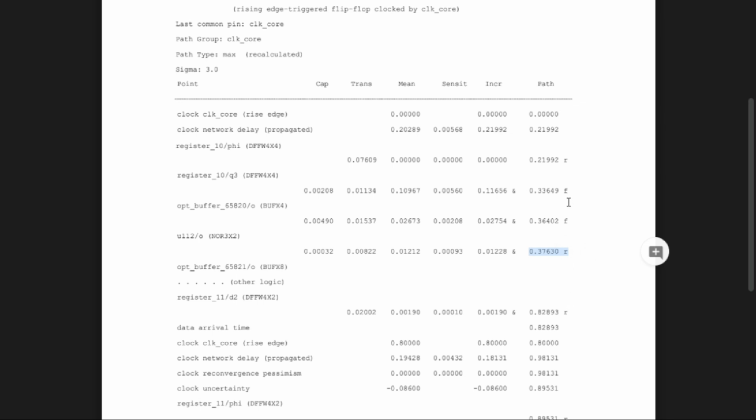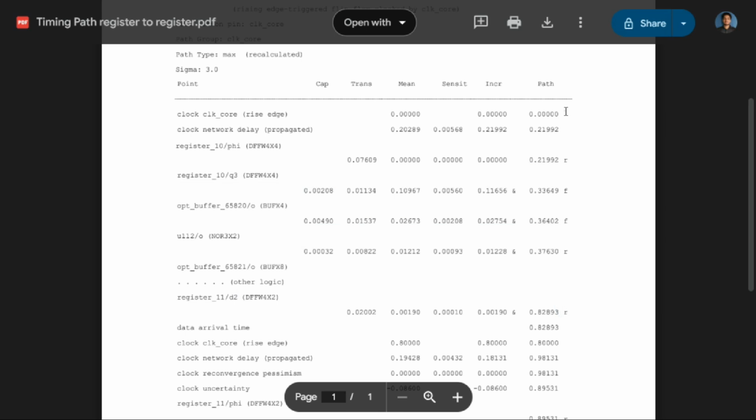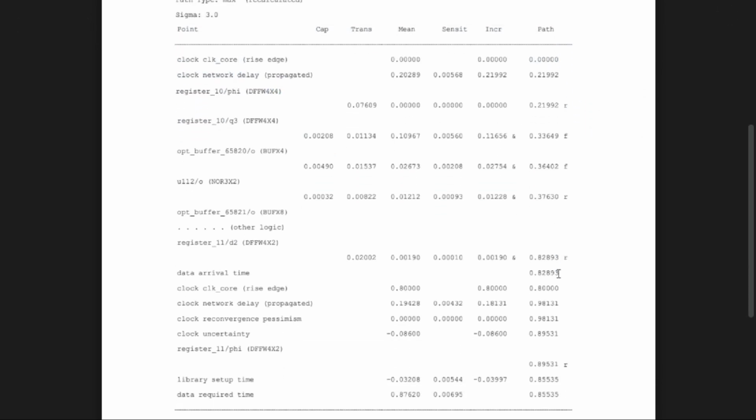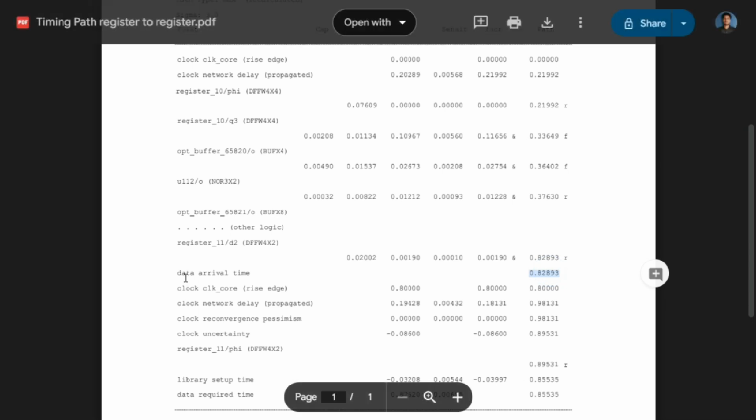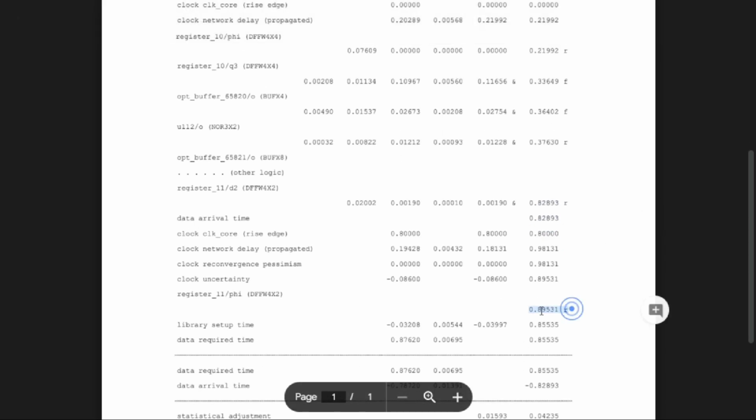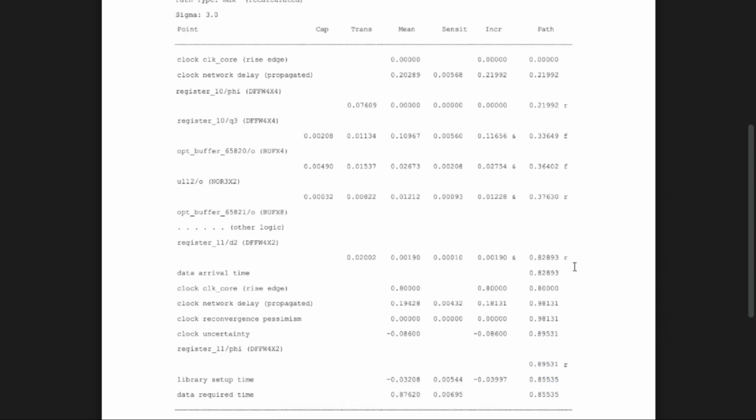You might be seeing that this R and F is only in certain portions; before this flop, that R is not present, and after this arrival time there is no R present, right? Only over here it is present. This is because only this much part of the report is basically your data path. You can see that the register 10 5 pin to the D2 pin of the register 11 is actually our data path.